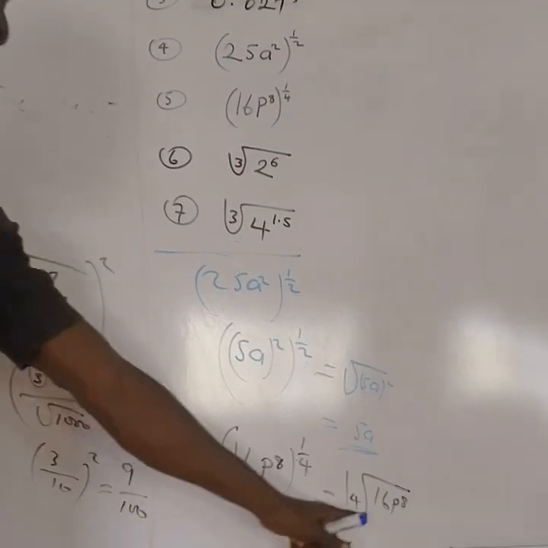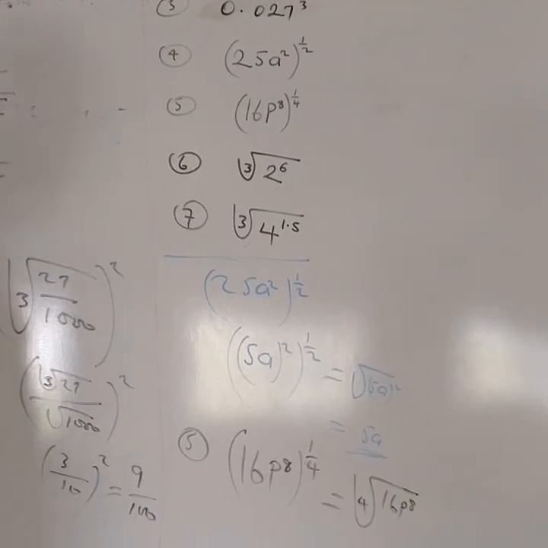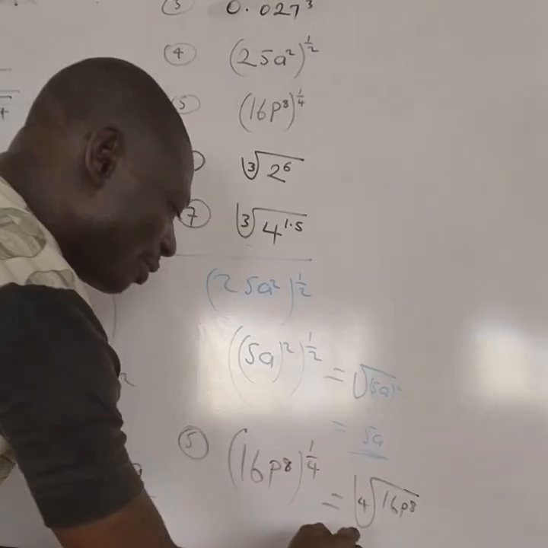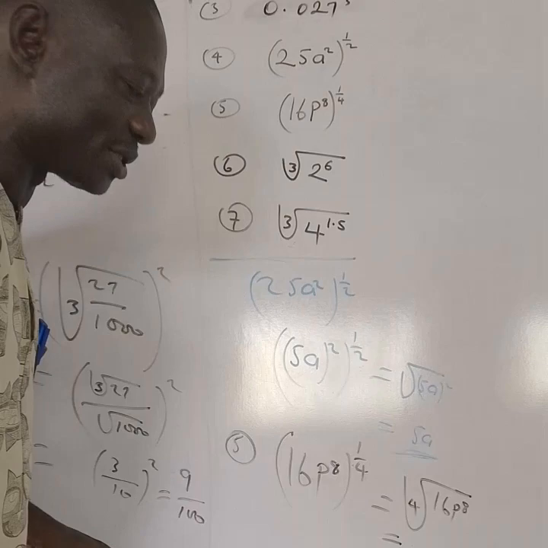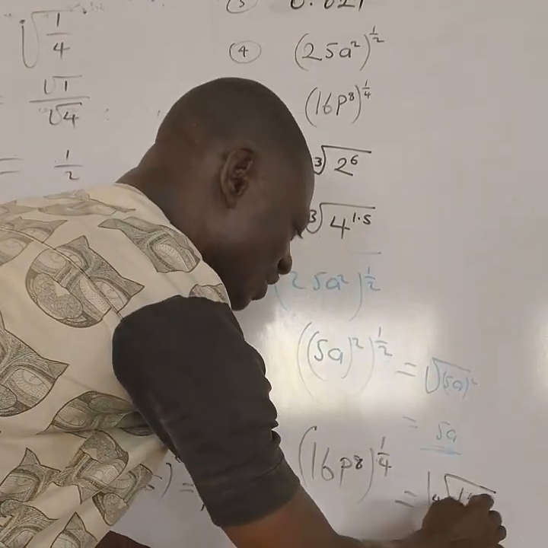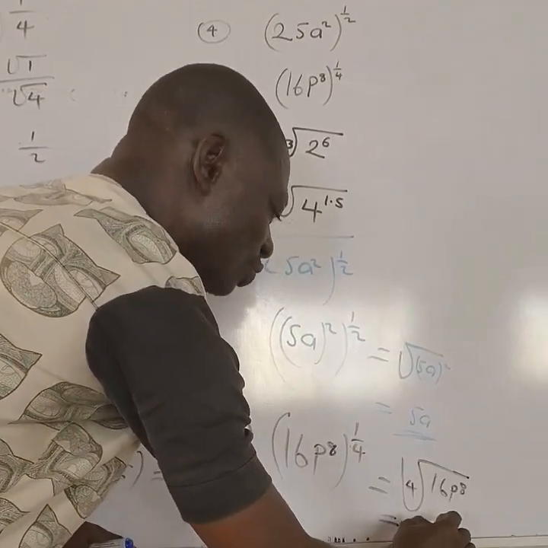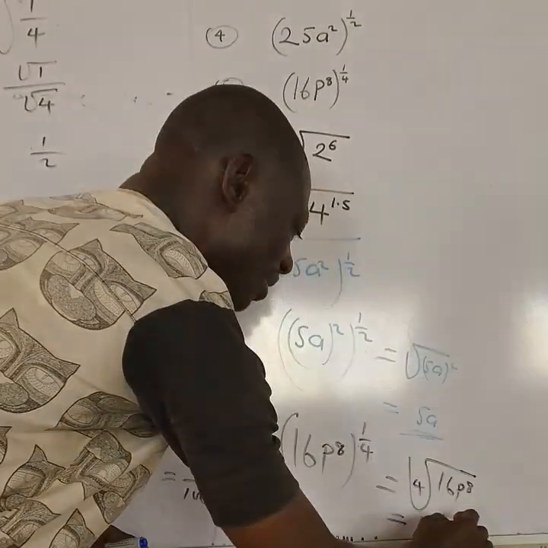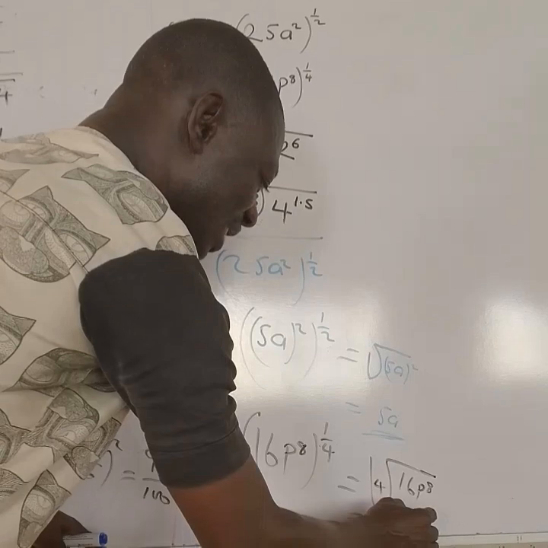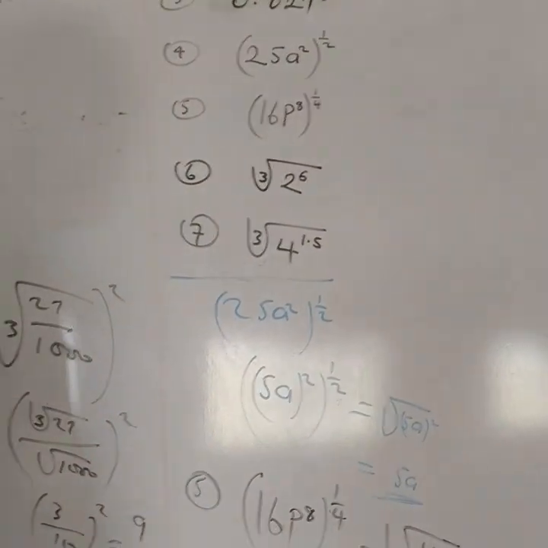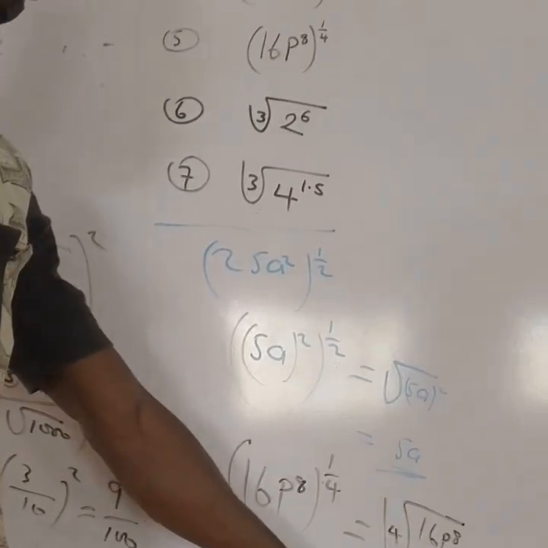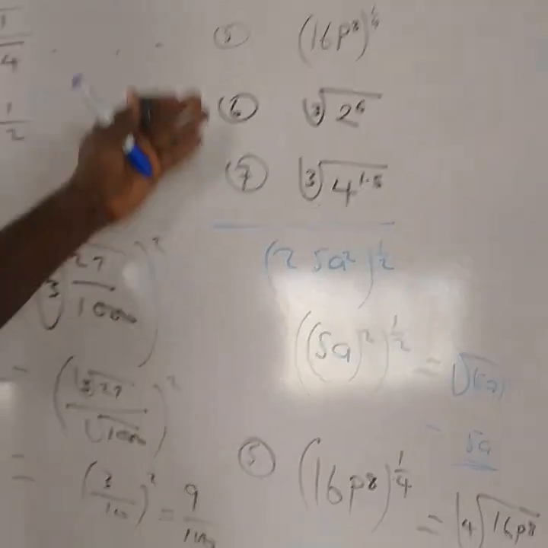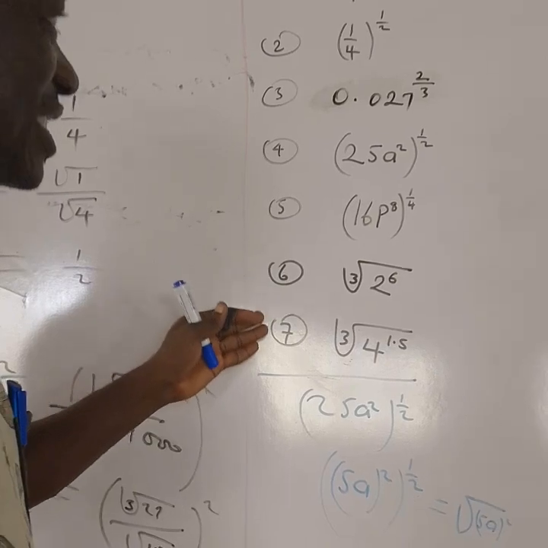Yes, taking the fourth root of 16 will give us 2. Remember that? That is going to be divided 16 until it stops. That means fourth root of 16 is 2. Fourth root of p raised to the power 8 is p raised to the power 2. So the correct answer to this question is going to be 2p raised to power 2.